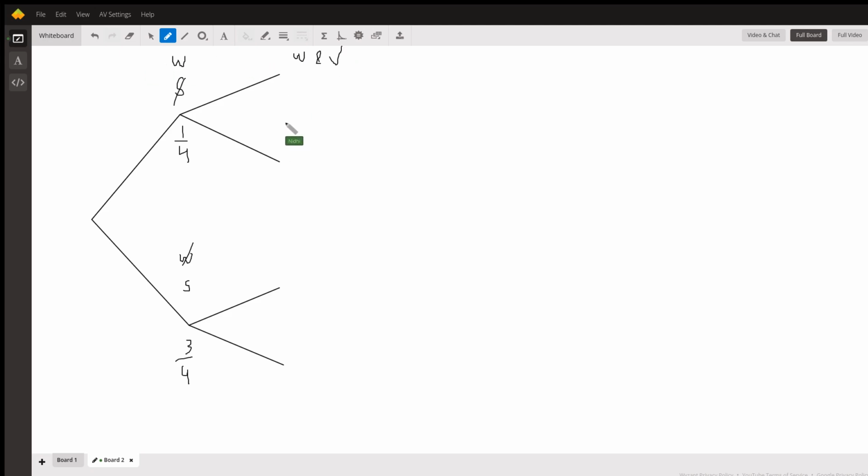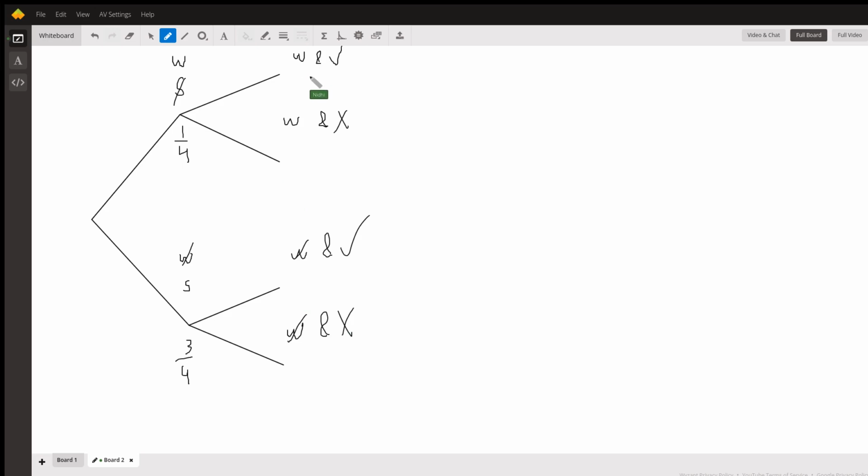And then this is the probability that you're working and you get a bad grade. This one is the probability that you're not working and you get a good grade. And then this is the probability that you're not working and you get a bad grade, right?